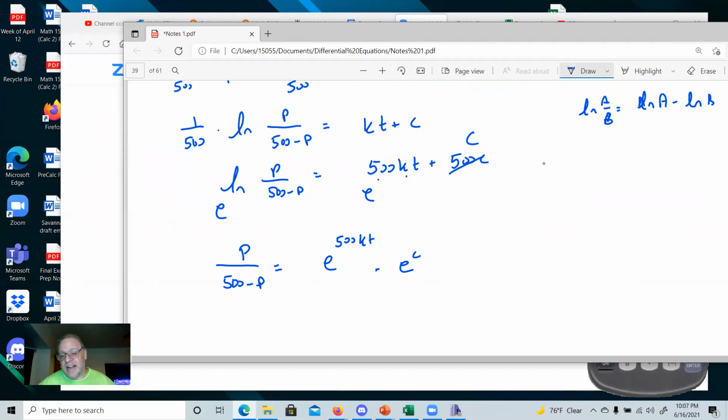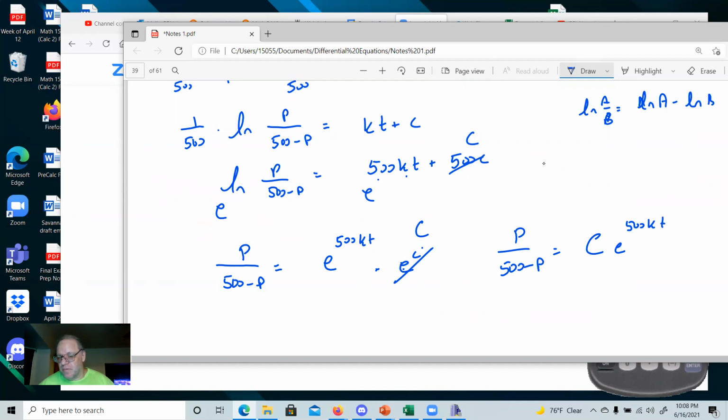So I really don't want to track e to the 500C and have to deal with all of that. So we're just going to call this C. So we have P over 500 minus P is equal to C e to the 500kt.